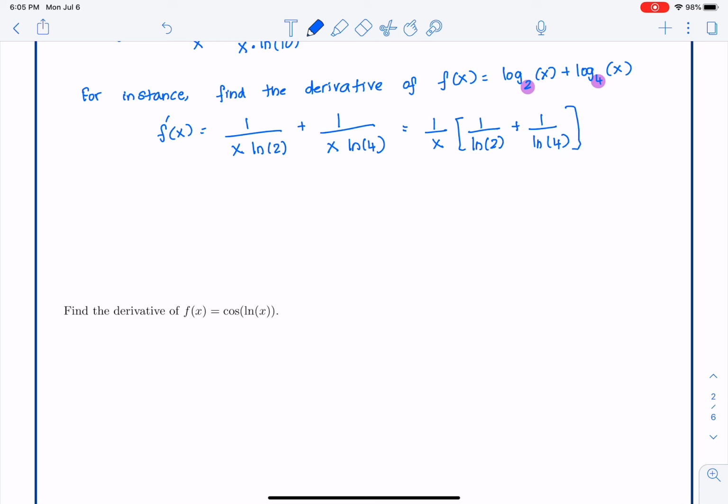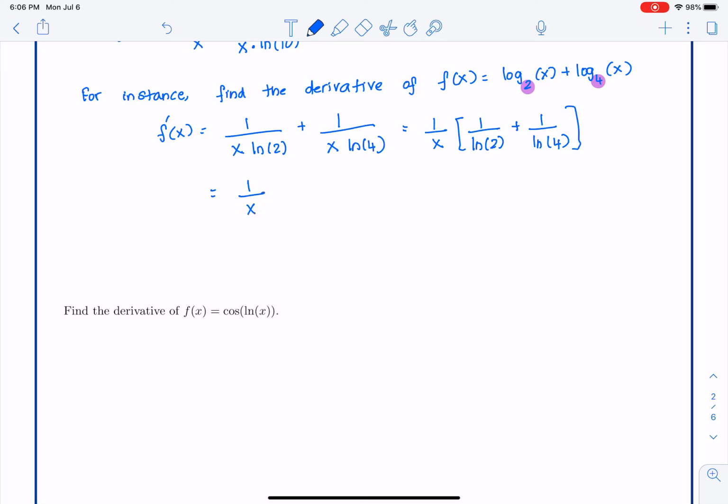You may say, well, I could leave the answer as is, but you could actually simplify it further. I'm going to go one step further so that you get accustomed to the properties of logarithm.